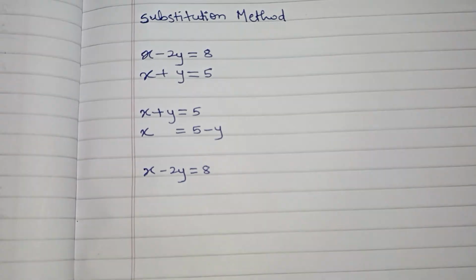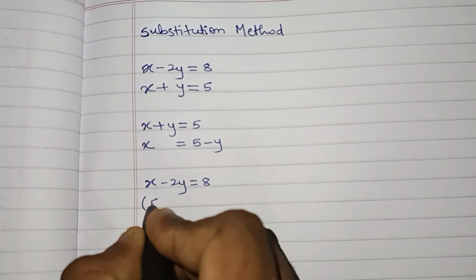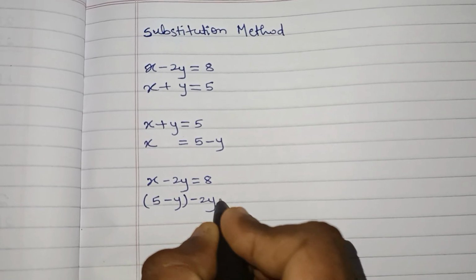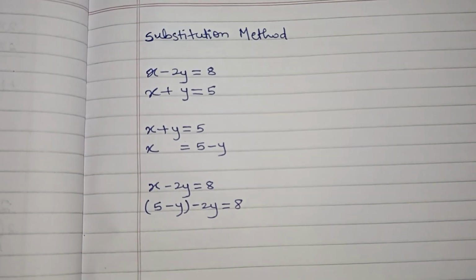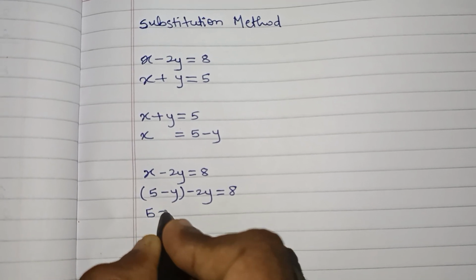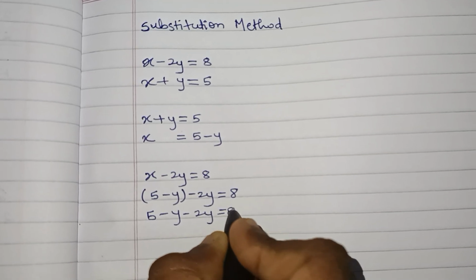Now in place of x I'll write the value, that is 5 minus y, close the bracket, minus 2y is equal to 8. So further solving, 5 minus y minus 2y is equal to 8.